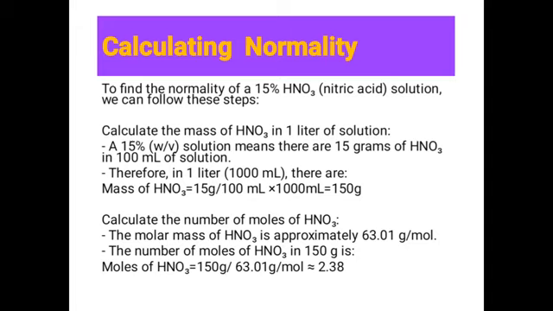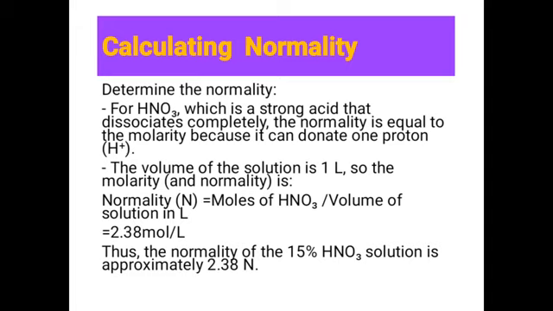That's hydrogen 1 plus 14 plus 16 times 3, that's 1 plus 14 plus 48, that is 63. That is the molar mass of HNO3. And then you are going to have 150 over 63.01, that's 2.38 moles.